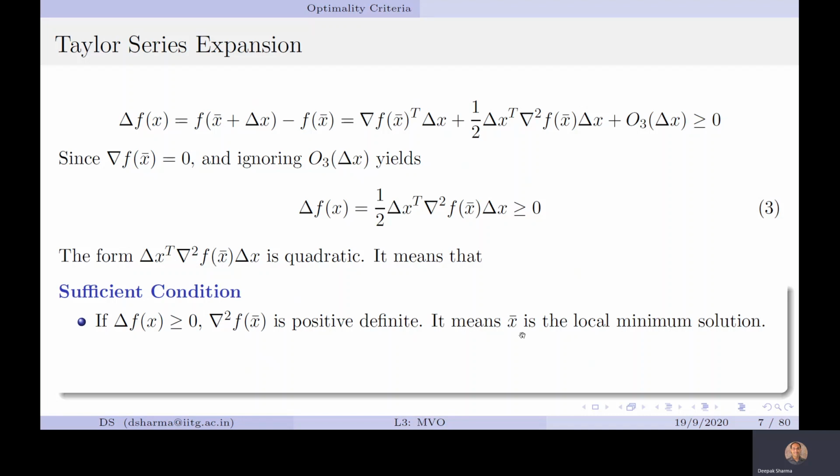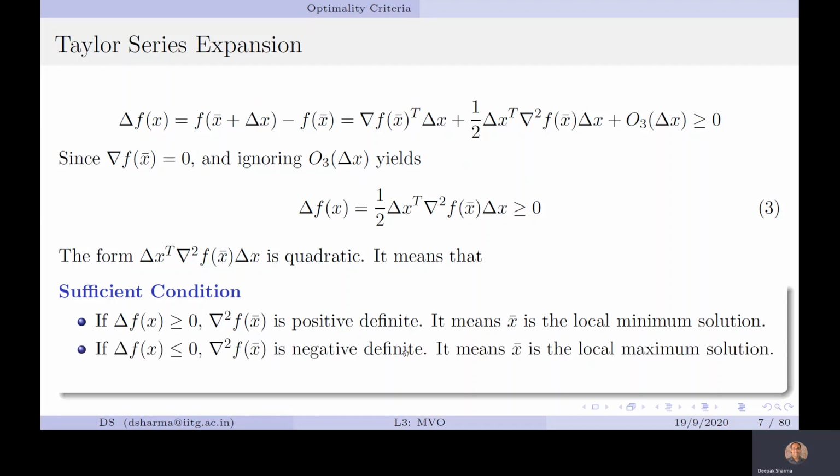It means that x bar is a local minimum point. If I use the Taylor series expansion for a maximization function, what you will realize is that the delta of f(x) should be smaller than 0. In this case, this particular term, which is the gradient of the function at x, should be negative definite.